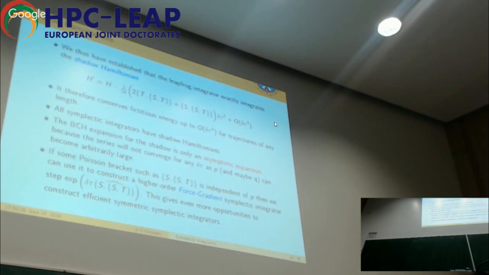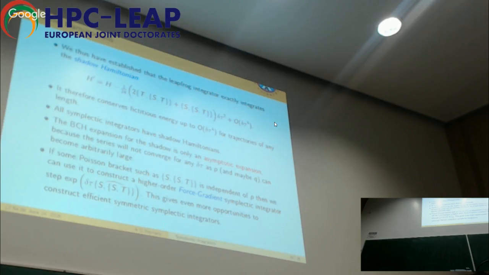The way to see that is that if I choose the momentum to be large enough, then I can always make the coefficients, the Poisson brackets, in the series arbitrarily large, and therefore mess up the convergence. I can choose a p big enough to stop it converging.